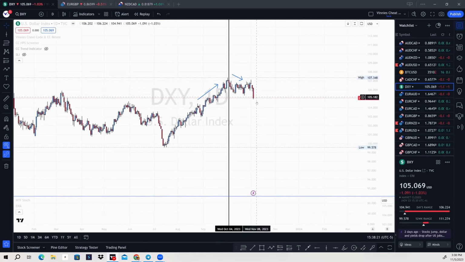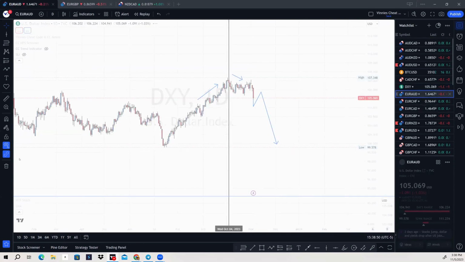Last week we had a huge bearish candle right here that broke structure, so we can look for price to continue down a little bit more, pull back to continue lower on the dollar. That's my expectation with the dollar, for price to continue down a little bit, pull back, and then continue lower. So I do expect the dollar to continue lower this coming month of November.